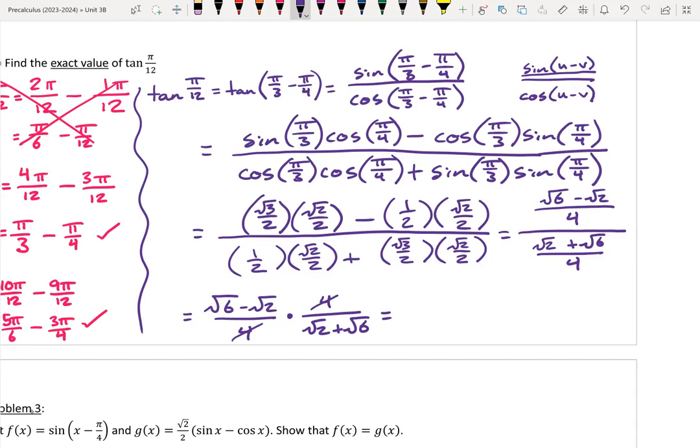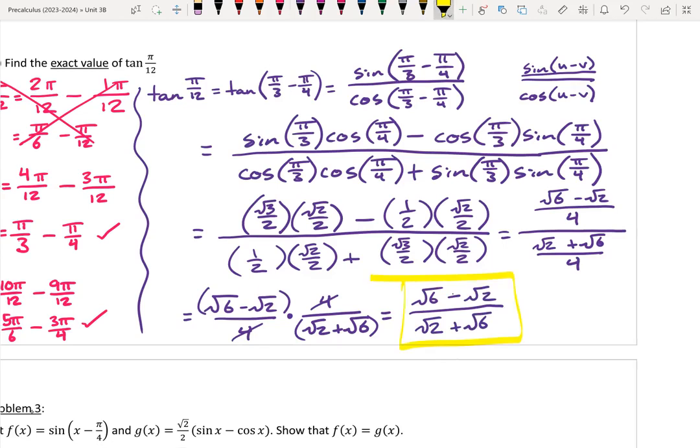Thank you for saying no, because it is a no. Only the 4s can cancel. And so I end up with rad 6 minus rad 2 over rad 2 plus rad 6. That will be our answer. Technically, we could rationalize this, and maybe at some point you might need to, but for right now, that is fine.